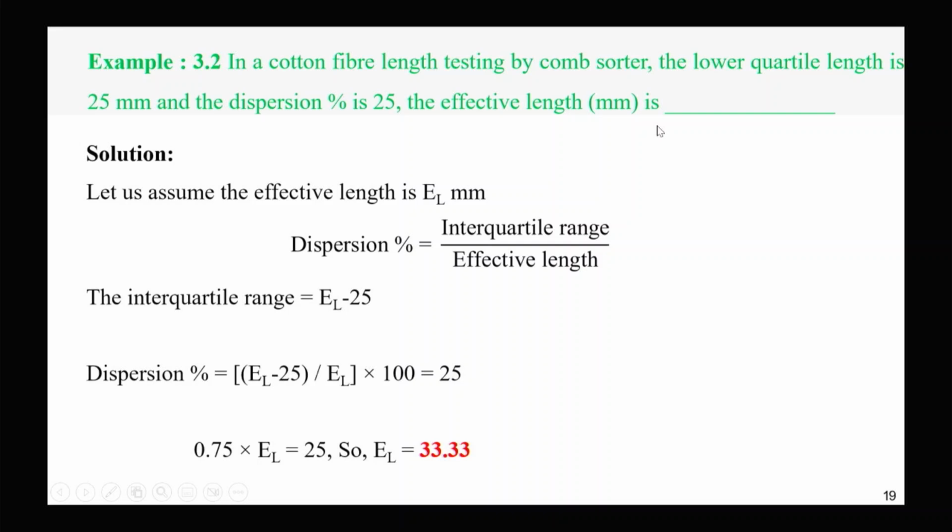As compared to the earlier numerical, where the lower quartile length was 19 and dispersion 20%, here we have a better fiber.